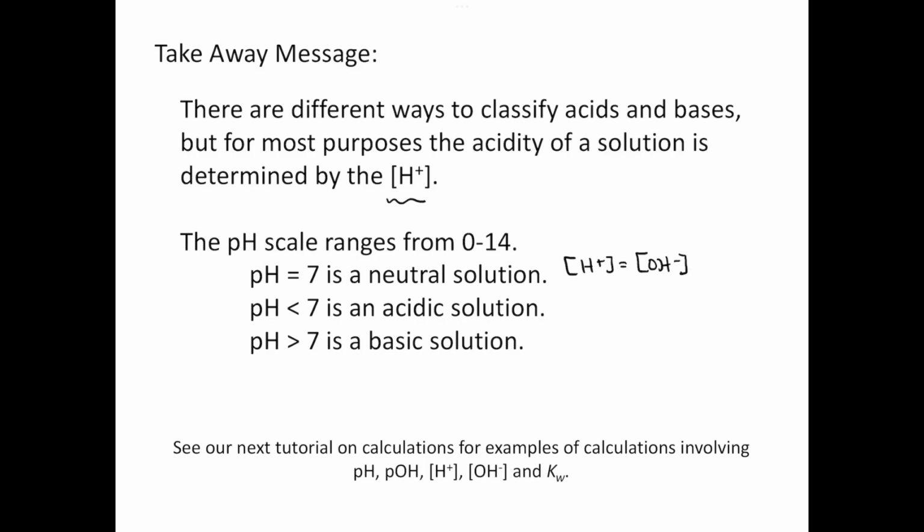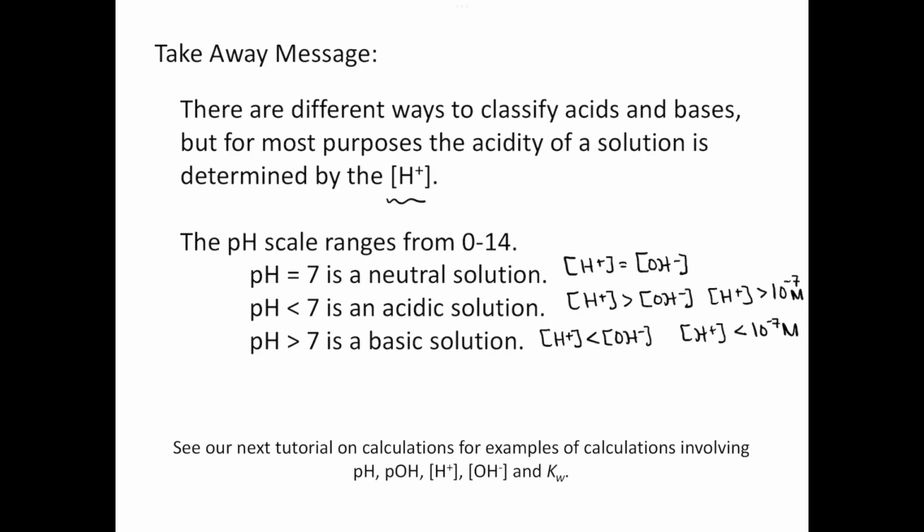If your pH is lower than 7, that must mean that your hydrogen ion concentration is greater than your hydroxide ion concentration, that your hydrogen ion concentration is greater than 10 to the negative 7th molar, and your solution is acidic. And if you have a solution where your hydrogen ion concentration is lower than your hydroxide ion concentration, meaning your hydrogen ion concentration is less than 10 to the negative 7th molar, then we would identify your solution as being basic.